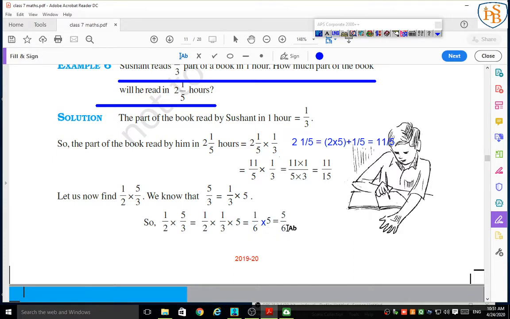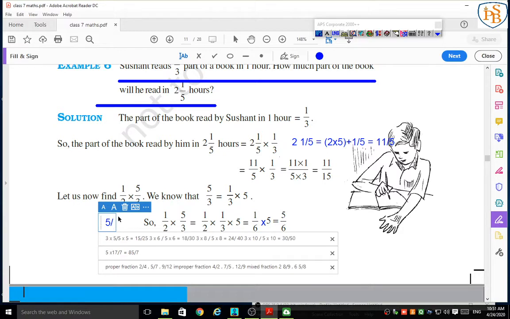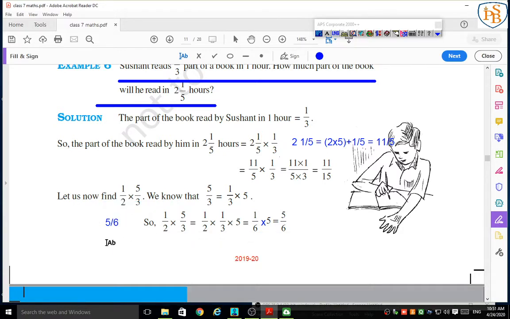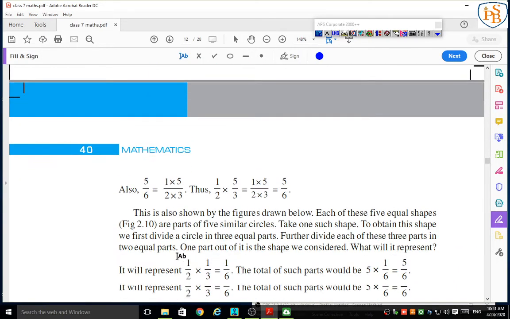Instead of doing so many steps, we can directly write 5 1s are 5 upon 3 2s are 6. Whichever steps you use, the answer will be the same. Look at the next one.